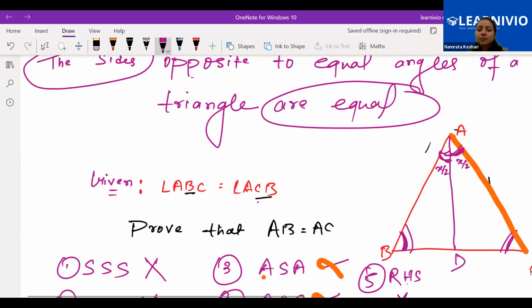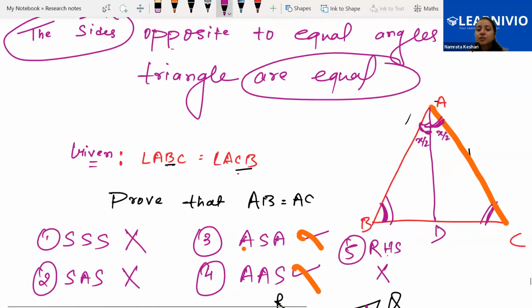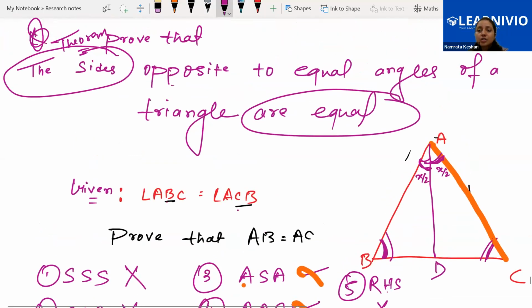Check it, I'm asking you all to check it. Is it possible to prove it congruent with this construction? Is it possible with the information which we have in hand?